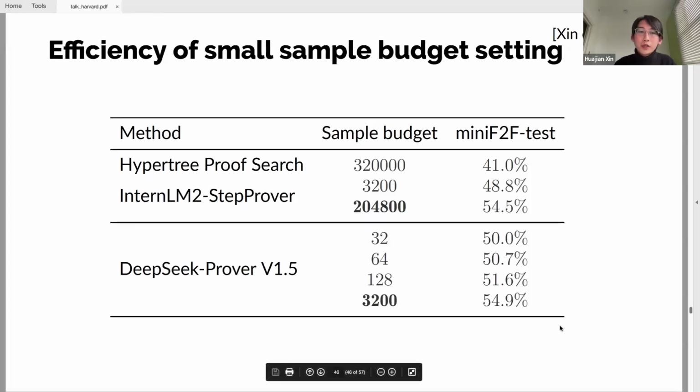And as we previously mentioned, another advantage of our model is that it is efficient under a small sample budget setting. For instance, we achieved the equivalent of previous models' performance with only 30 samples, while our 3,000-sample performance exceeds the previous model using 200 thousand samples. Why should I mention this?